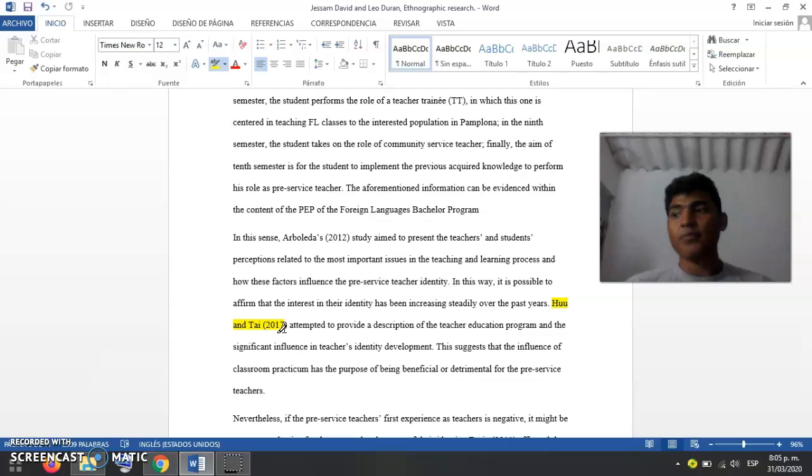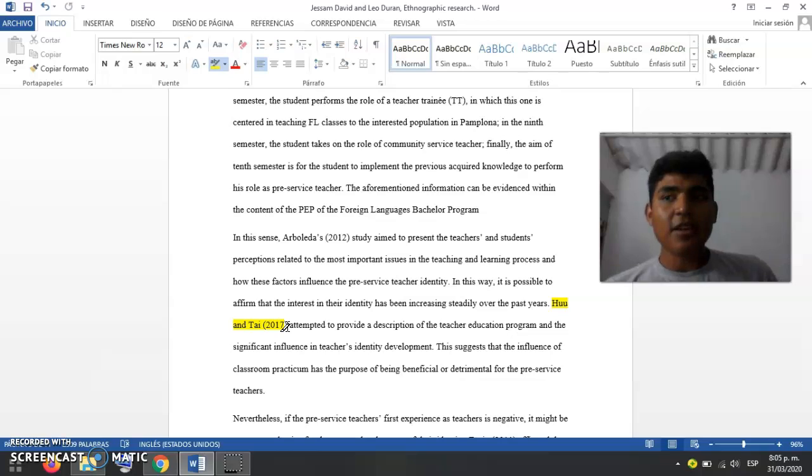So we can conclude that for the teacher's identity construction, for a correct development of it, there is a group of elements that are really important to consider. At this point, it is necessary to pay attention to preservice teachers' first experiences.